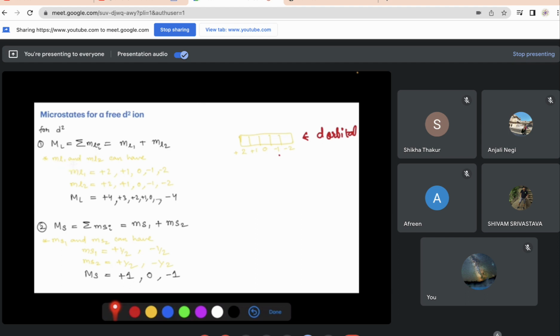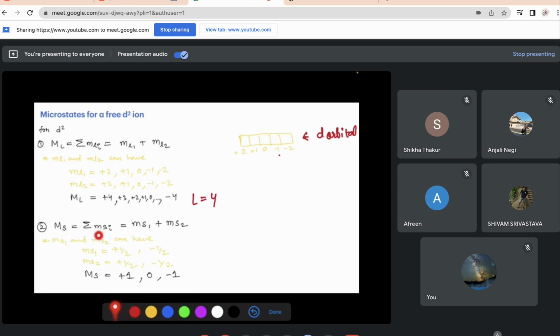Each of ml1 and ml2 can have values from plus 2 to minus 2. For ML, the summation goes from plus 4 to minus 4, so the maximum value of ML is plus 4. So my L is actually 4 here, correct?